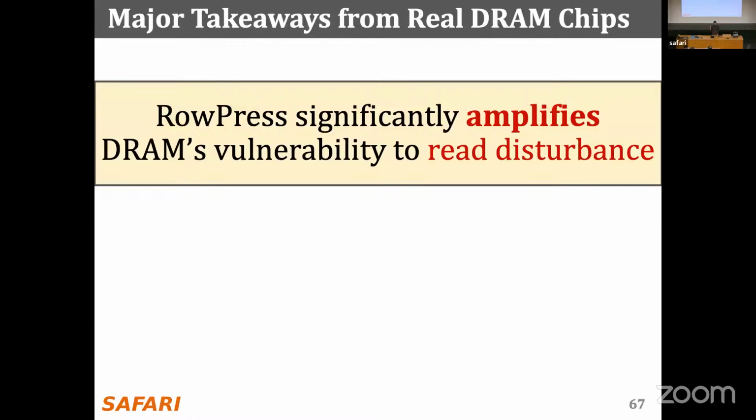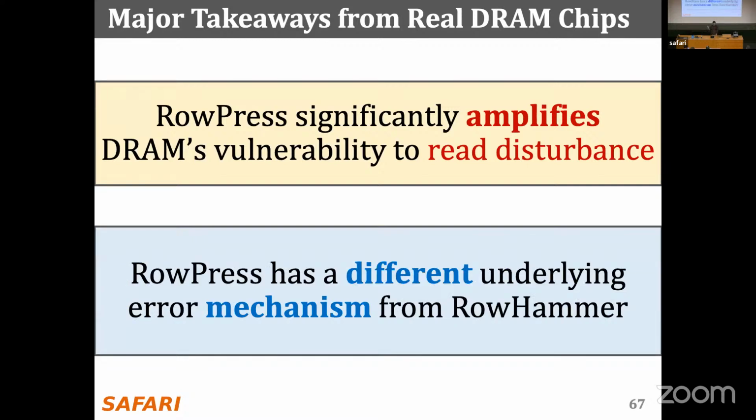We have two major key takeaways from this work. First, RowPress significantly amplifies DRAM's vulnerability to disturbance by significantly reducing the minimum number of activations needed to induce the first bitflip. Second, RowPress has a different underlying mechanism compared to RowHammer.